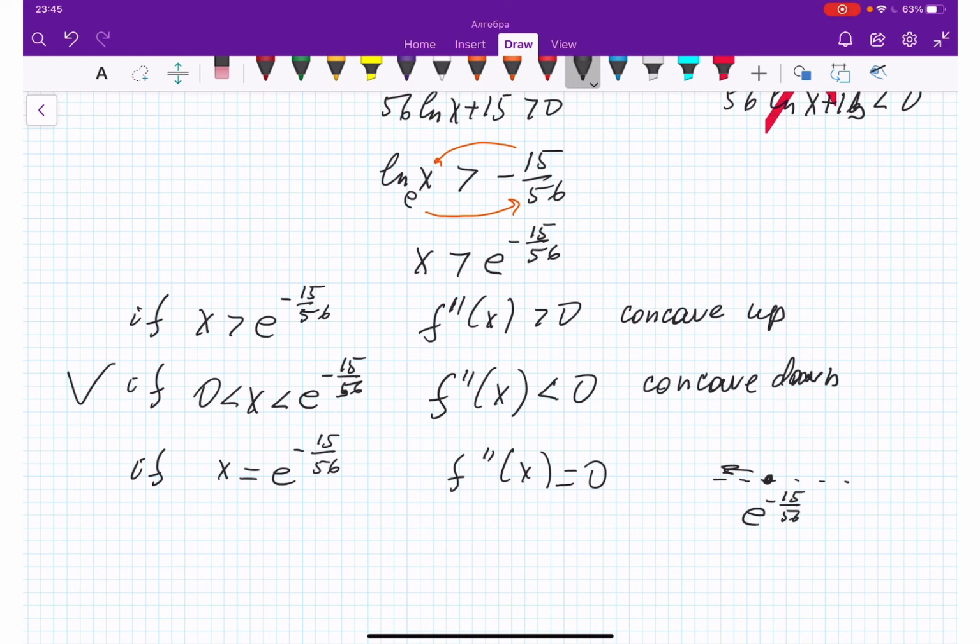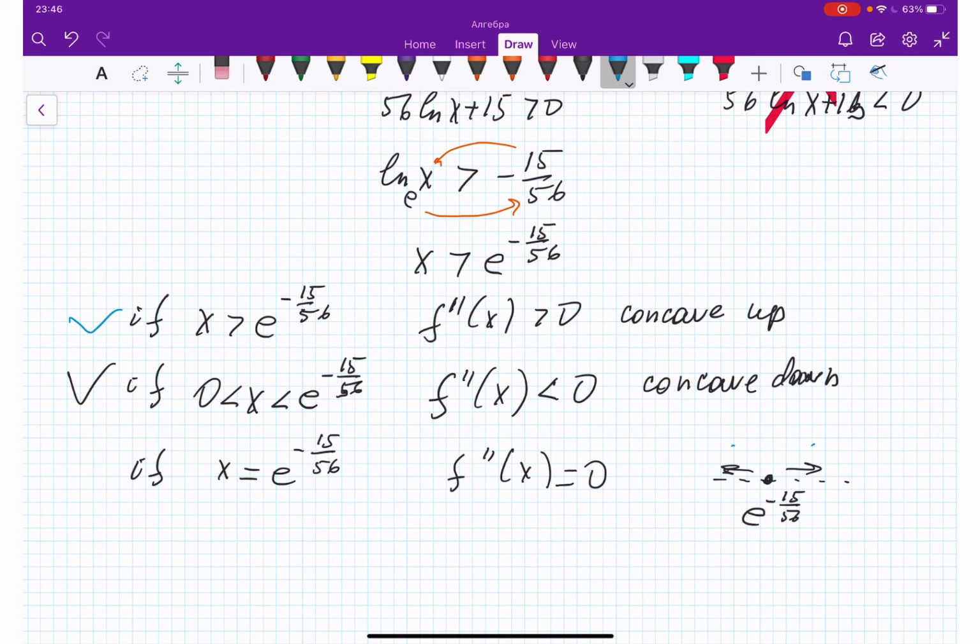And if it's on the right side, in the nearest surroundings, we are getting concave up. So here we get down, here we get up, which means it switches from down to up, that means we are facing an inflection point.